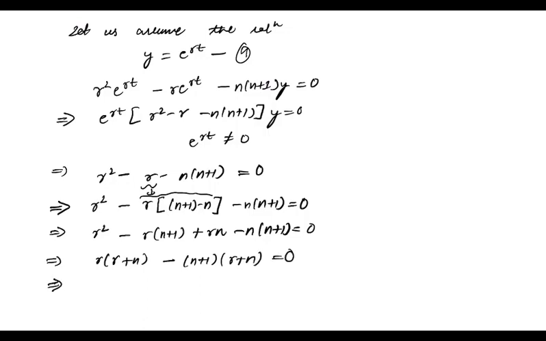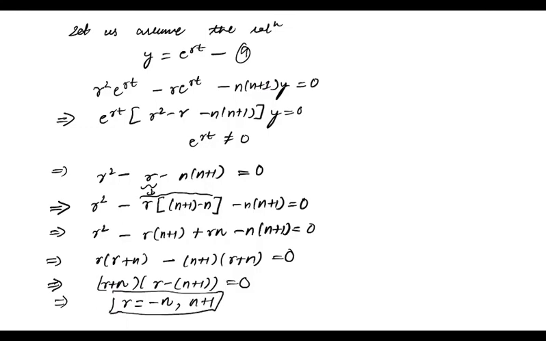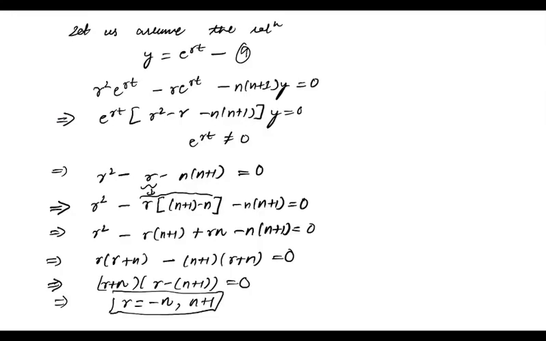So what we are left with is r equal to minus n, and therefore r is equal to n plus 1. So we have got two roots of this differential equation. These two roots are distinct and real because n is constant.